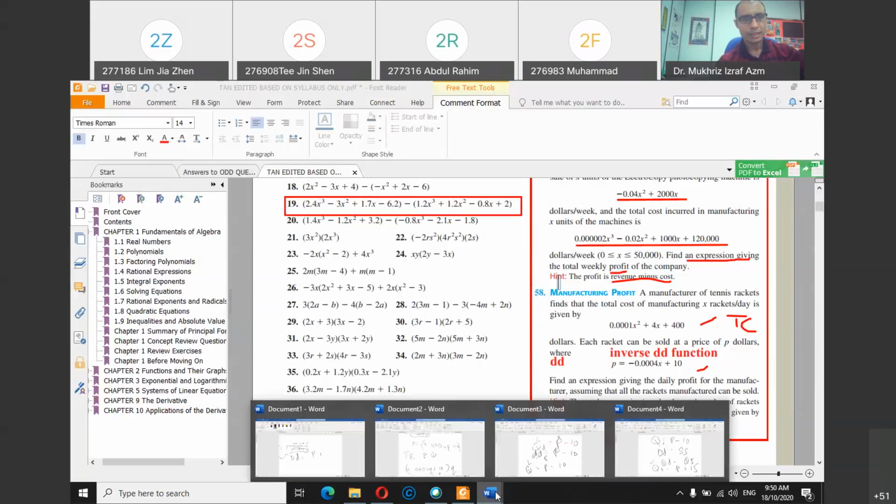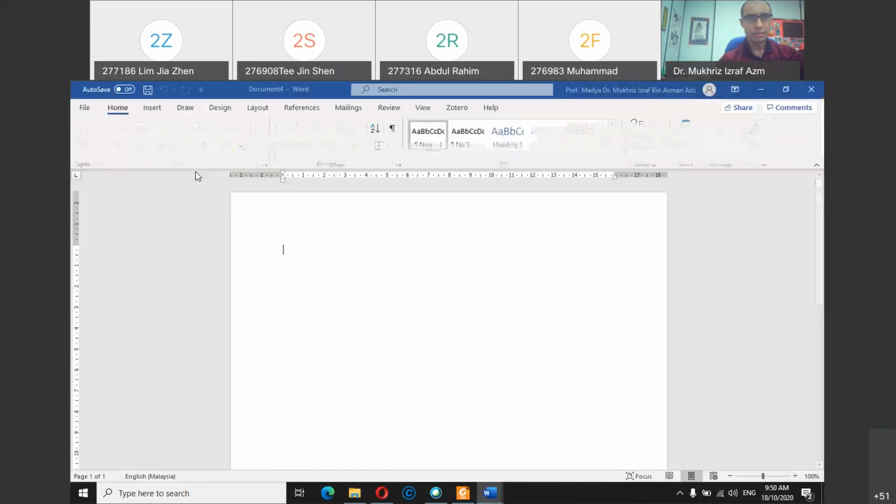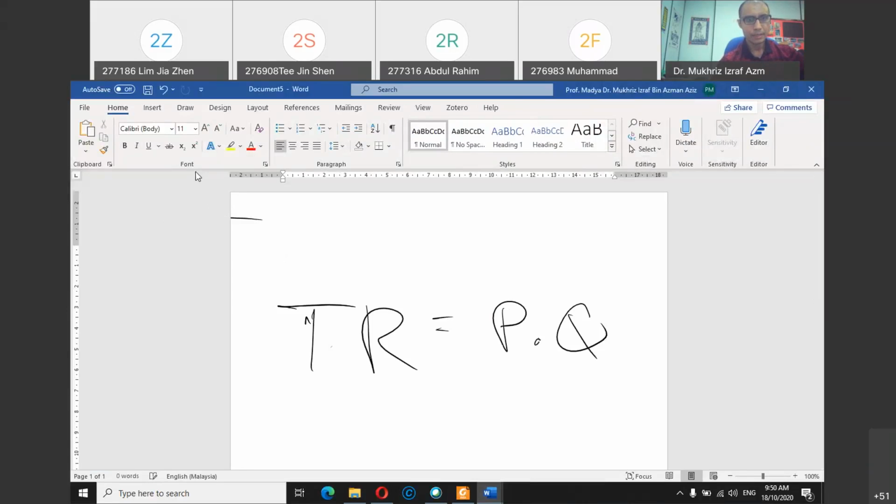Because to calculate total revenue in economics, total revenue is the product of P multiplied by Q. Of course, you may ask, P multiplied by Q should be the same as Q multiplied by P, correct?